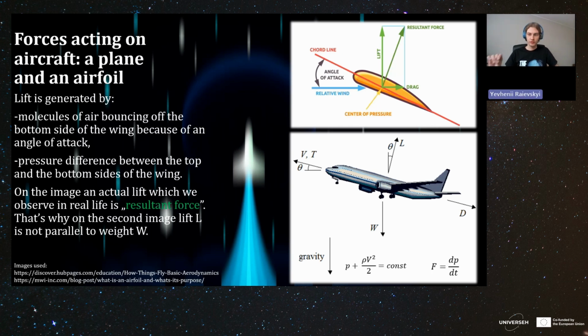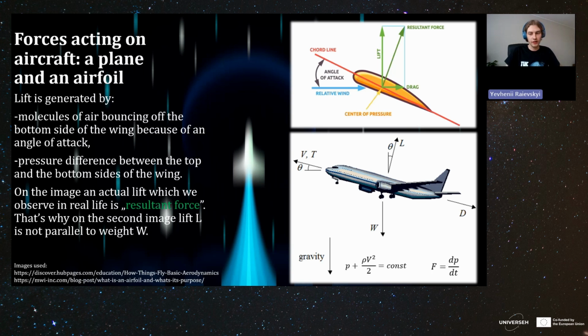This is the force that engineers count in their calculations to actually project something. And you can see in addition that in this image, the weight of the aircraft, W, going down, and the lift, this letter L, are not parallel.